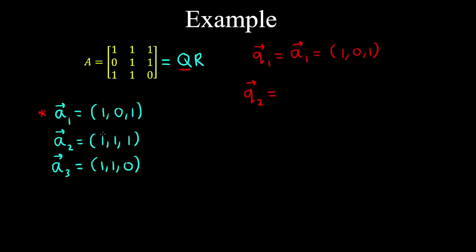The inner product between A2 and Q1 is 2, over the squared norm of Q1, which is root 2 squared, in the direction of Q1.